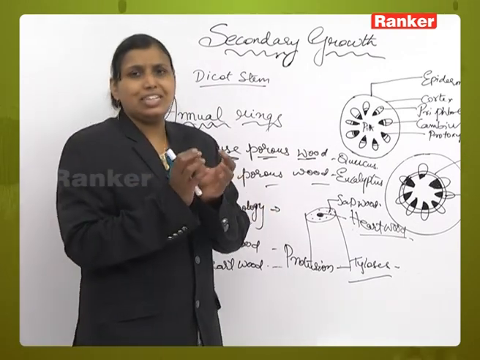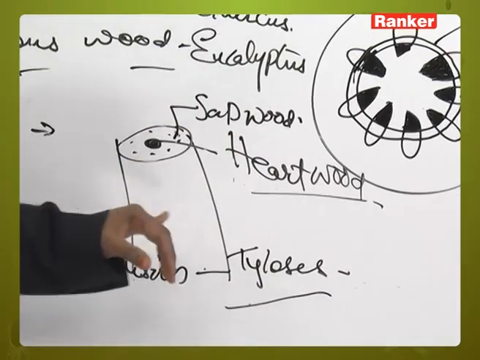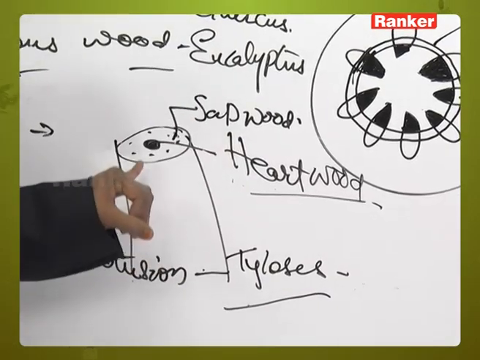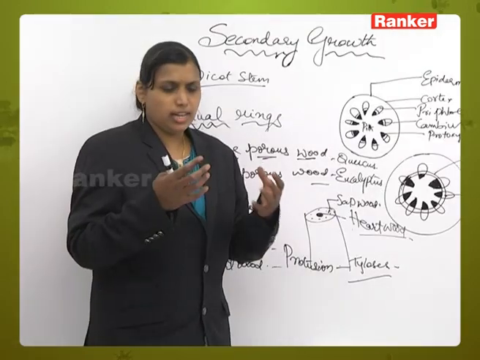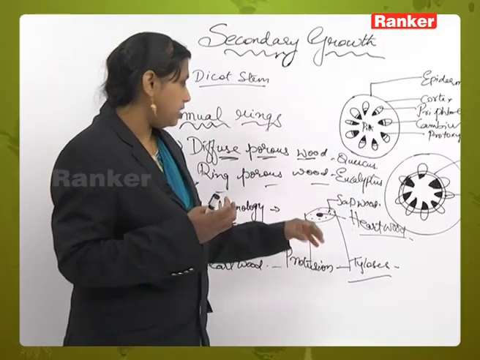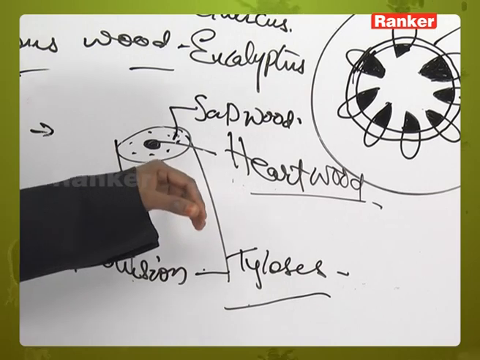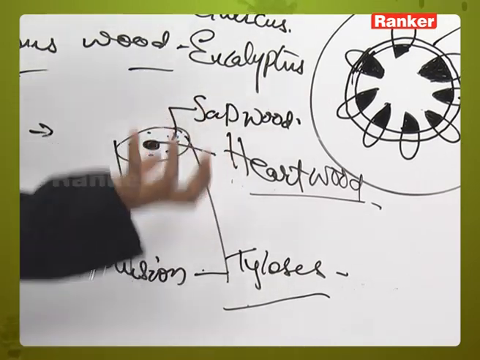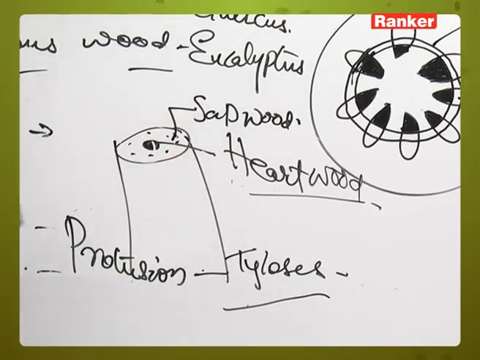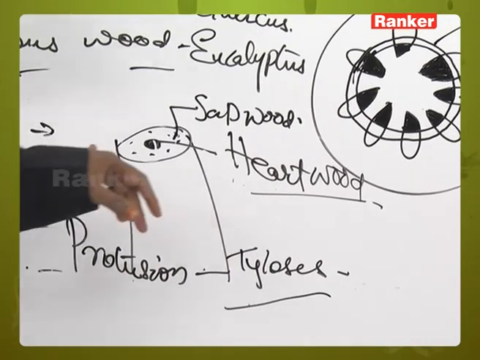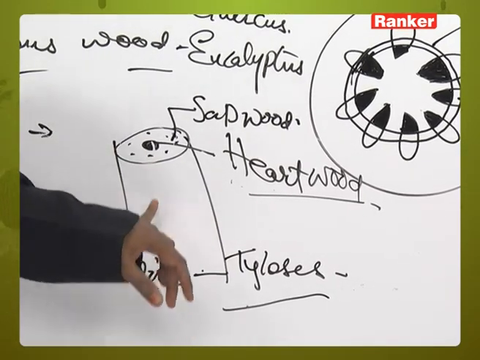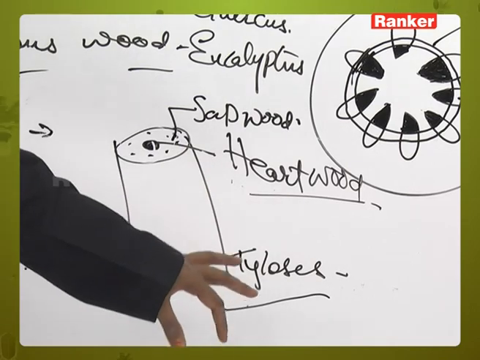The heartwood is dark red in color, and the sapwood is the layer surrounding the heartwood, which is light pinkish in color. The line of demarcation between the sapwood and heartwood can be seen in some plants, and in a few plants like Picea you cannot see the demarcation between the light pink and the darker heartwood.